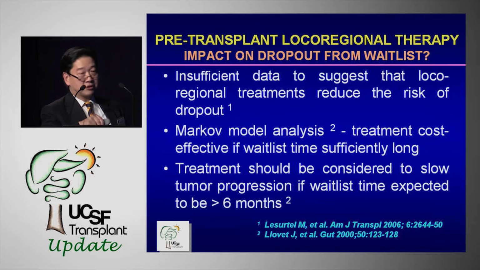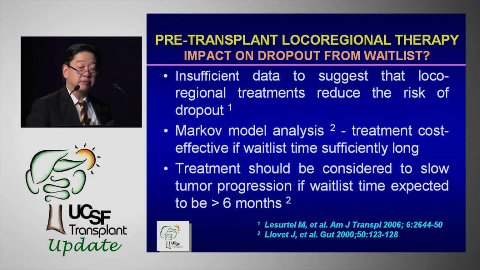And there's some sophisticated Markov model analysis showing that the treatment is cost effective if the patient needs to wait a long time before transplant. And treatment should be considered to slow tumor progression if the waiting time is expected to be at least 6 months, like in region 5 at our center.